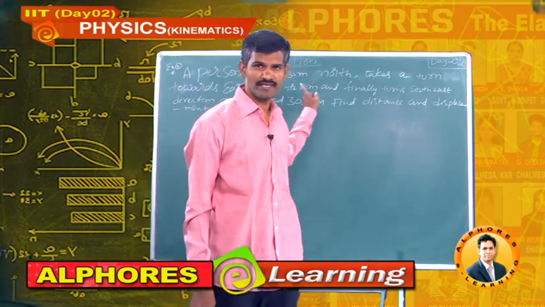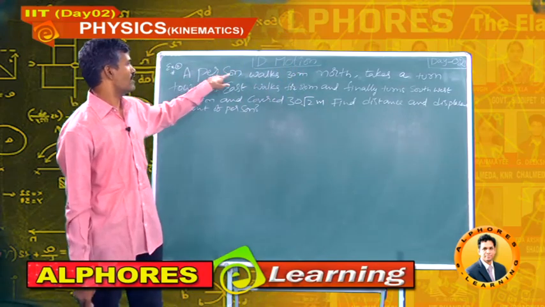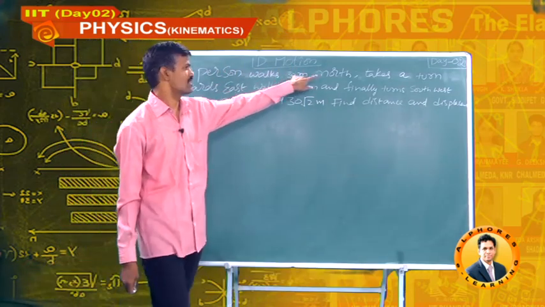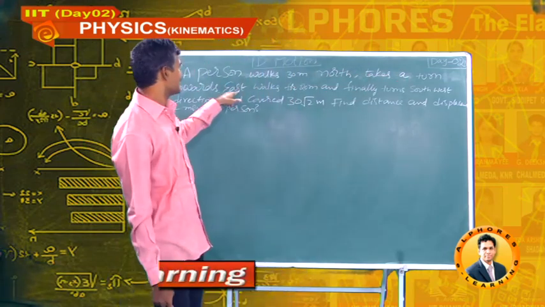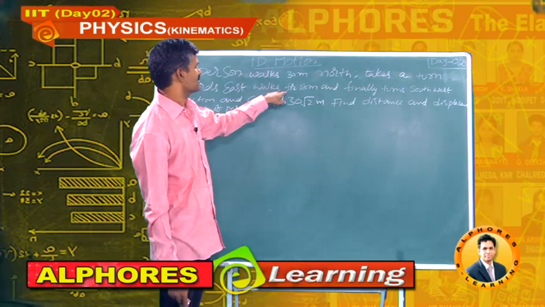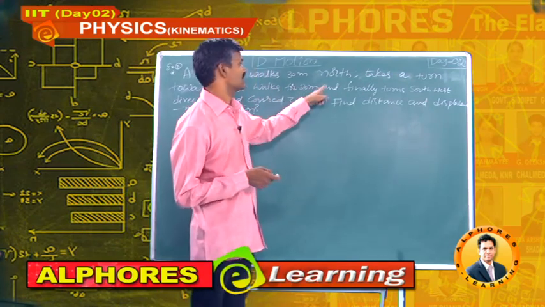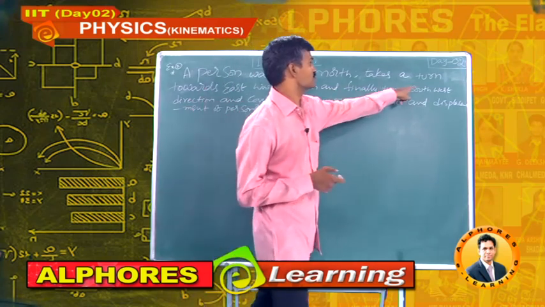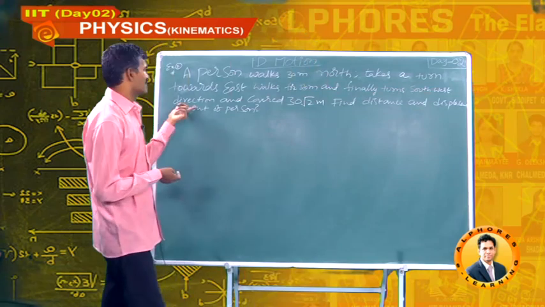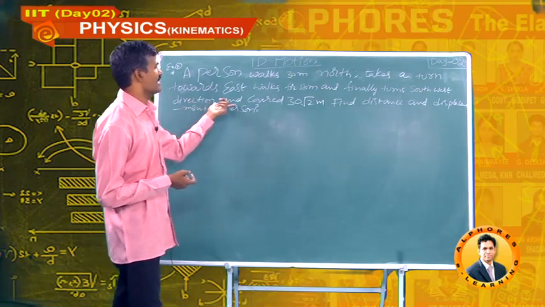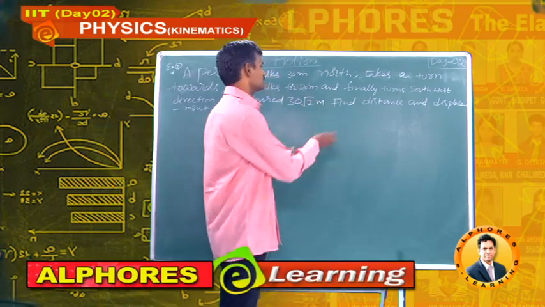Students, this is our second problem. A person walks 30 meters north, takes a turn towards east and walks for 20 meters, and finally turns southwest and covers 30 root 2 meters.